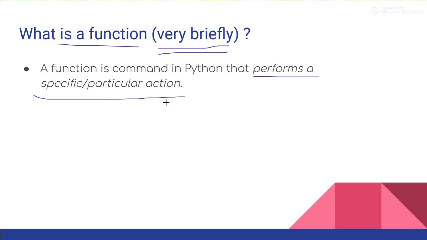Now there can be various functions, various actions we have to perform in Python, like displaying something on the screen, taking some user inputs, calculating the sum, calculating the difference, etc. If there is a command to calculate the sum of some given numbers, we will call that command a function because it's performing a specific action or task, and that specific action is nothing but calculating the sum.